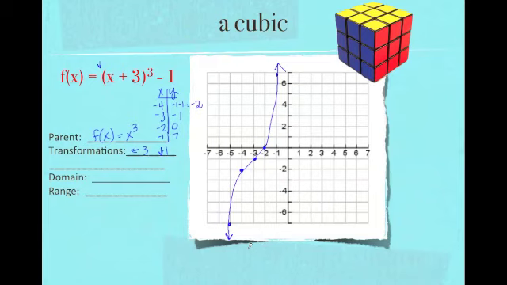So now if I think back at what my parent function looks like graphed, my parent function looks kind of like this.